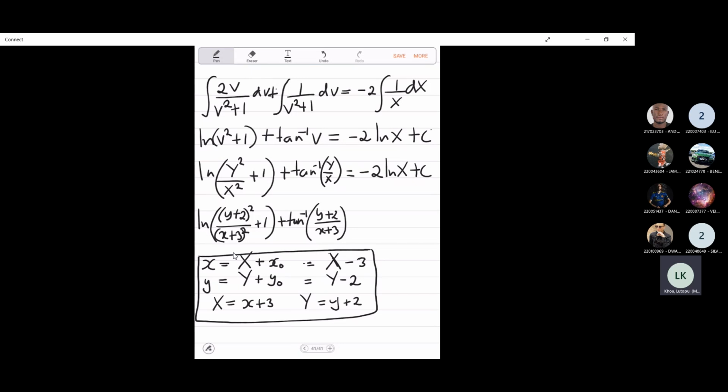Okay, and this is equal to minus 2 ln of x plus 3, and then you add your constant of integration.